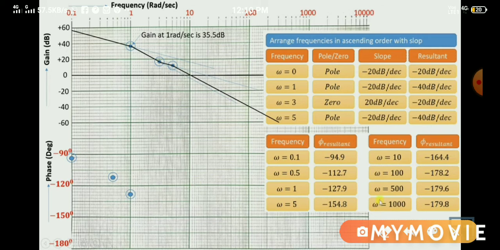Then omega equals to 1, minus 127, yes, 127. Like that, put all the values. Omega equals to 5, minus 154.